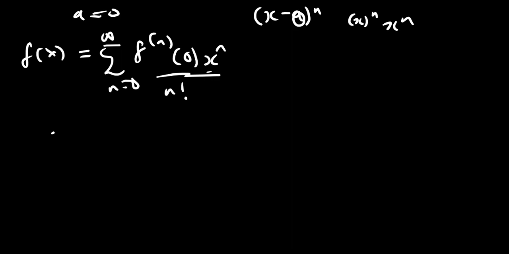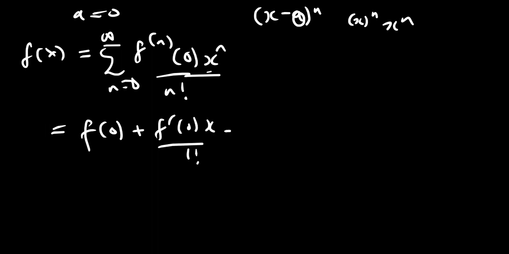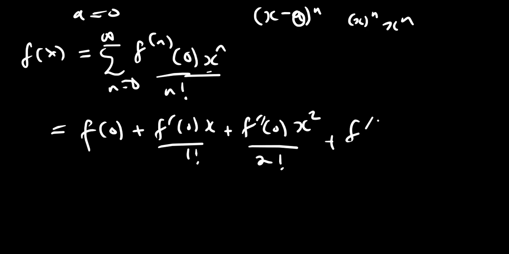And of course, when you expand this, you get f of 0 plus f prime of 0 times x over 1 factorial, plus f double prime of 0 times x squared over 2 factorial, plus f triple prime of 0 times x cubed over 3 factorial, plus, and it continues like this.